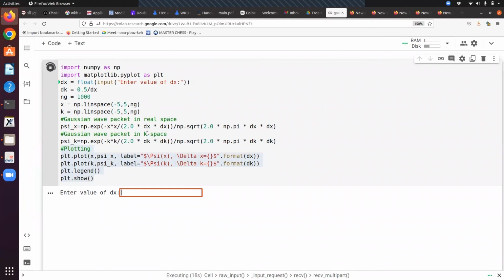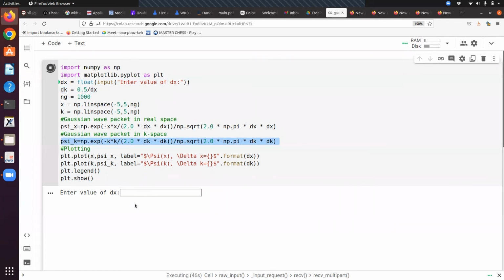Here, the Gaussian wave packet is defined in the real space, and the Gaussian wave packet is defined in the k space in this step. Finally, we plot both the wave packets.